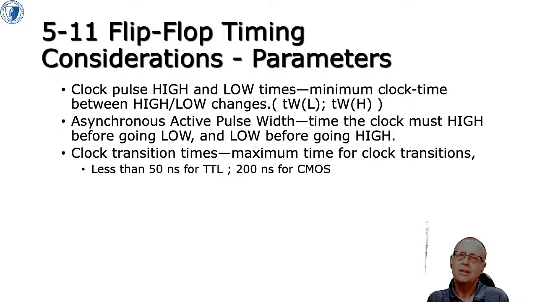Similarly, you need to have asynchronous pulses have an appropriate width, and then you need to have the transition times being fast enough. You don't want them to be floating between 0 and 1 for too long.